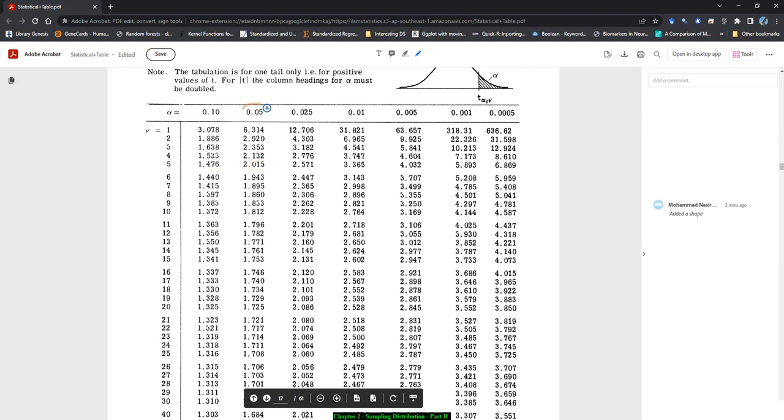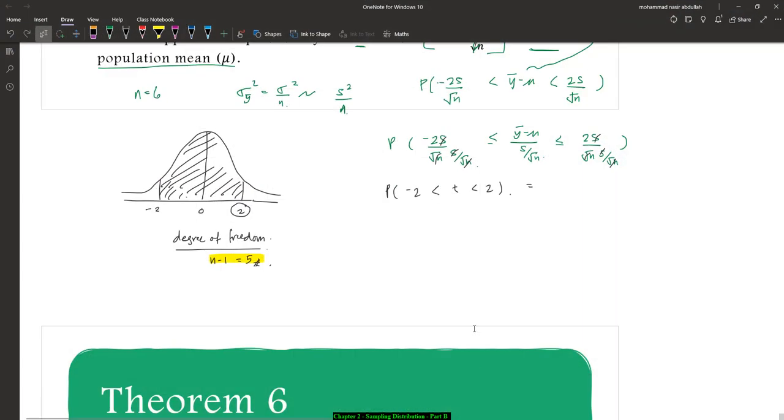So the alpha here is 0.05. Okay? So we can replace here. This is the area 0.05, and we know the left hand side should also be equal to 0.05.